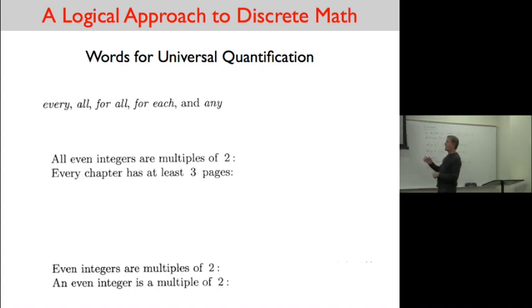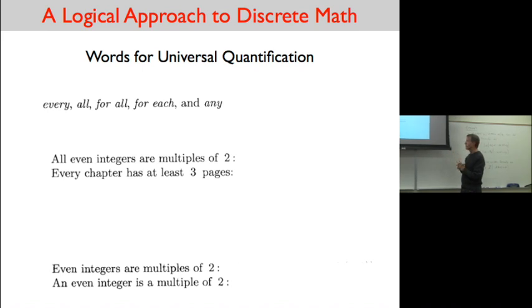All right. So now here's your key phrases to look for whenever you want to translate a sentence. Here is a list of words that apply to universal quantification. Now, the third word there, for all, that's the way I like to say it. Some people say every.